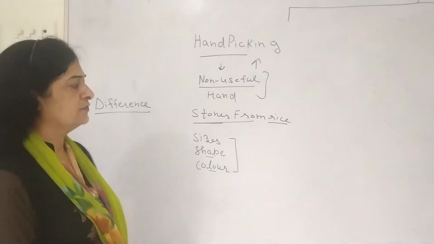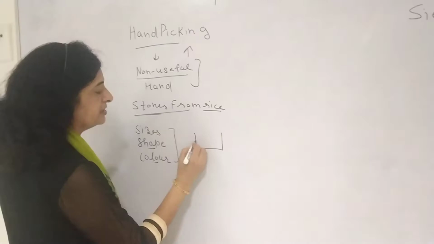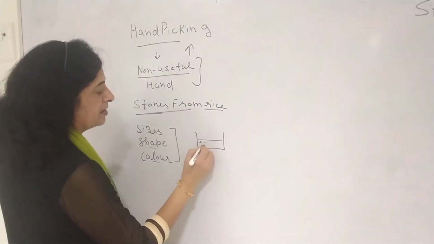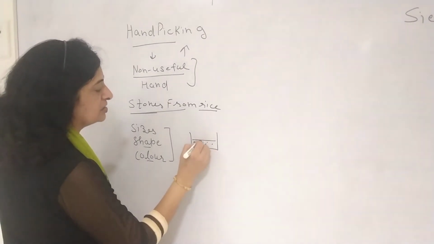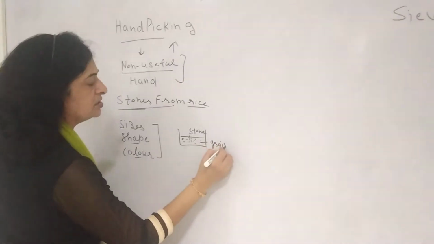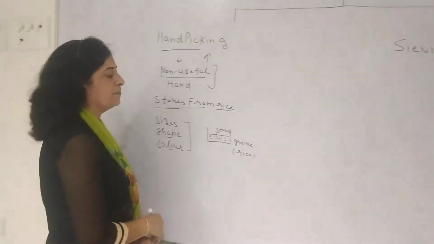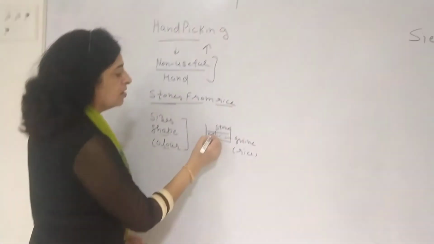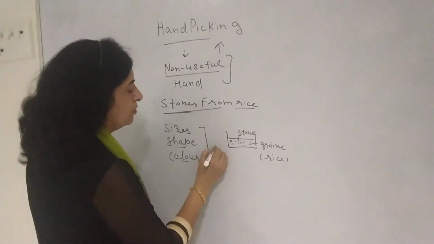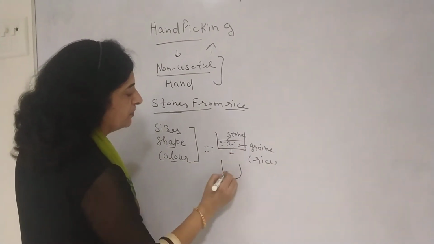For this, just take a small amount of grains, rice or wheat, in a plate along with some pieces of stone. Now pick out these pieces of stone one by one.